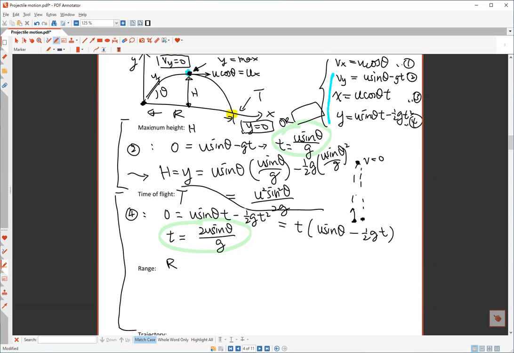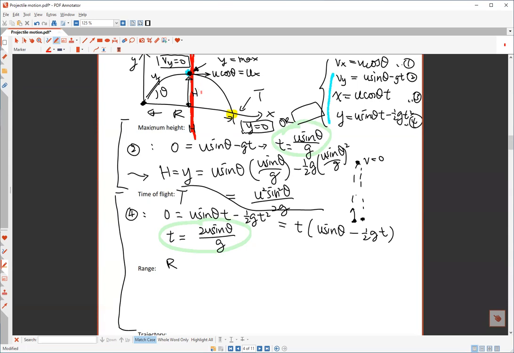It's not a coincidence, because projectile motion is actually a symmetric motion. This is a line of symmetry at this point along this line. So the motion on the left-hand side and the right-hand side are almost identical.